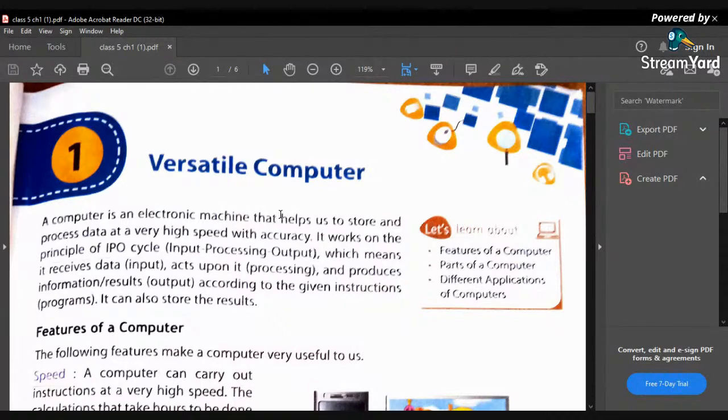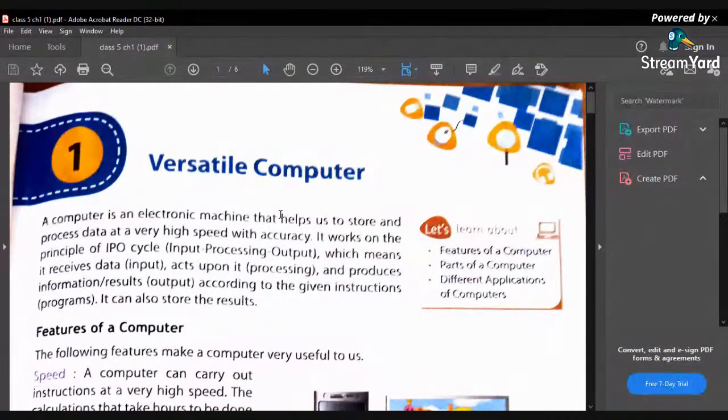So we say it processes the data at a high speed, and after that it gives the accurate result. So it works on the principle of the IPO cycle.